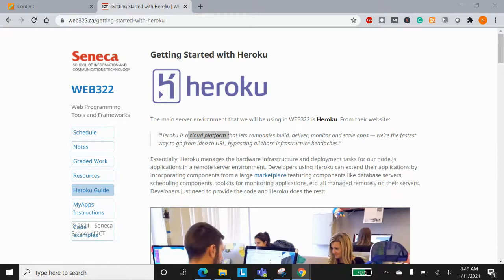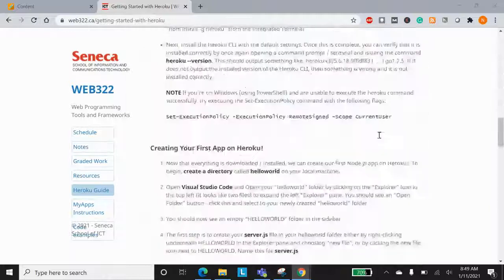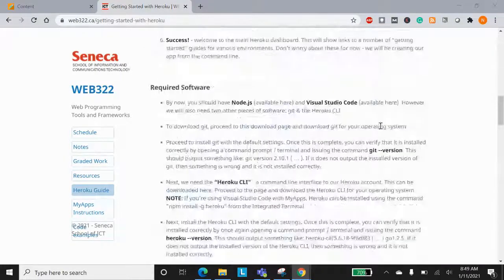Because as I said, I'm with Seneca for the first time, so I'll have to figure out a few things. What time is needed for you to have a stretch around, or maybe after stretching, after having a cup of tea, you can come back and have a look at this Heroku page, which explains itself.